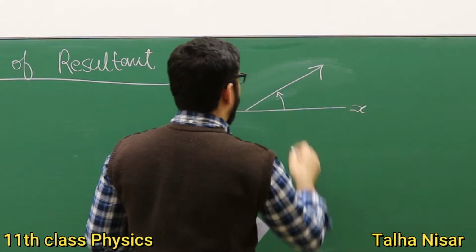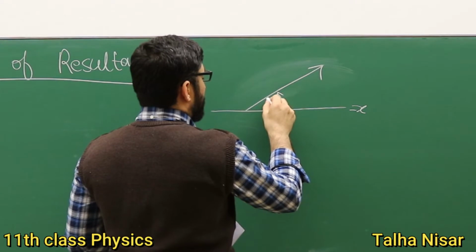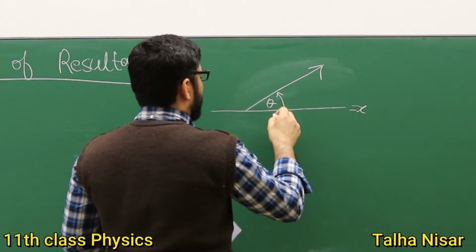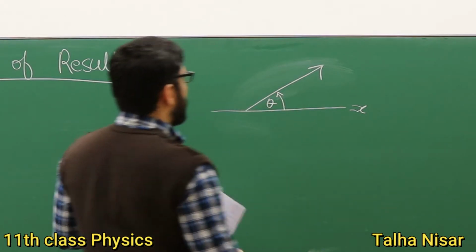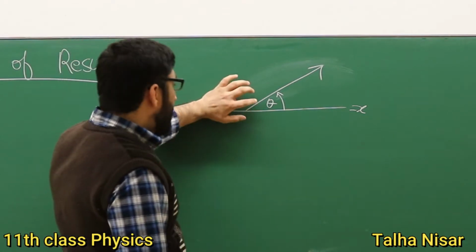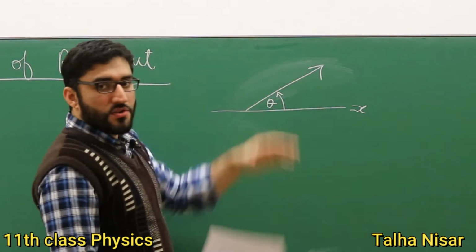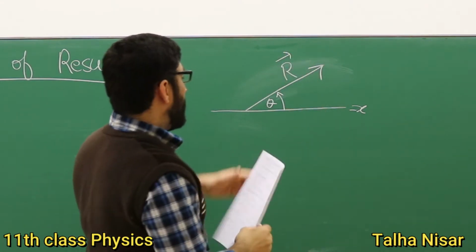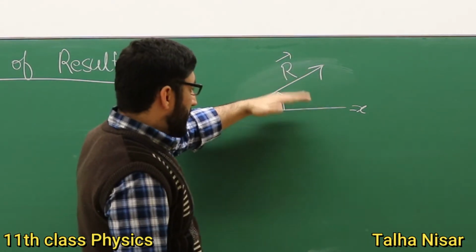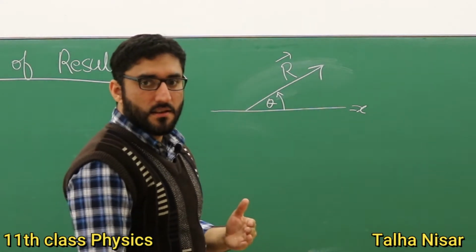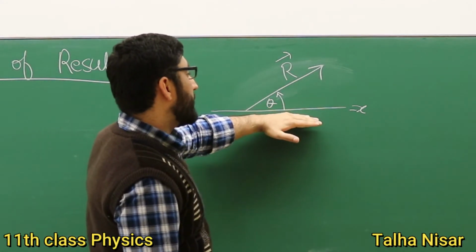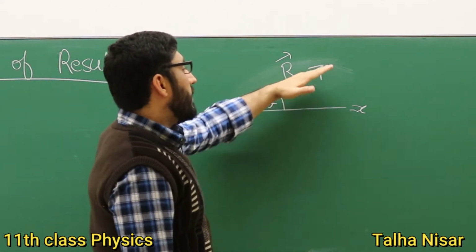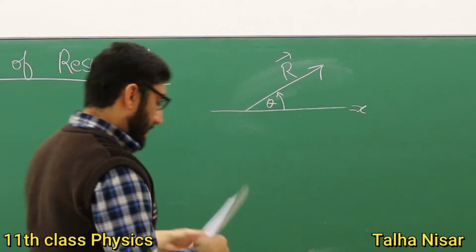So this is the positive x direction, and so we have the theta. Right now we talk only about the resultant vector. If we know how far this vector is from the positive x-axis, then we know the direction of the vector.